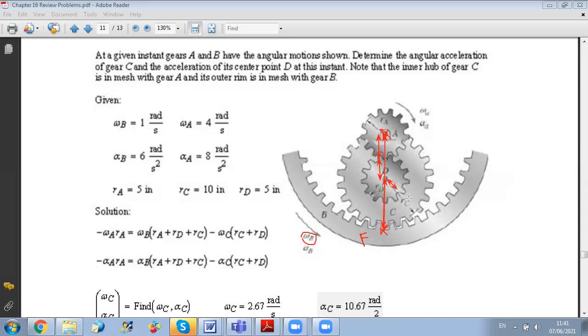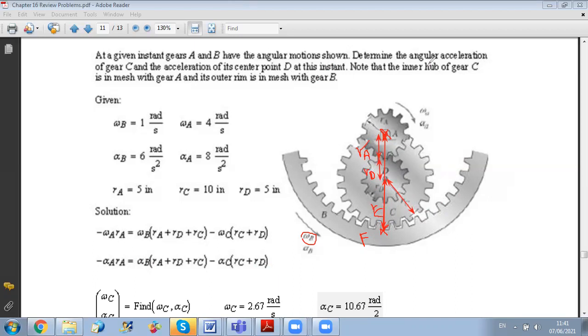RC is the distance from D to here. This is why the total distance from A to F will be RA plus RD plus RC. Okay, thank you, doctor. Any other question on this?